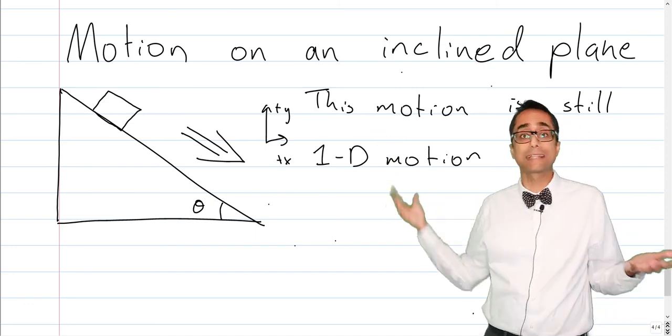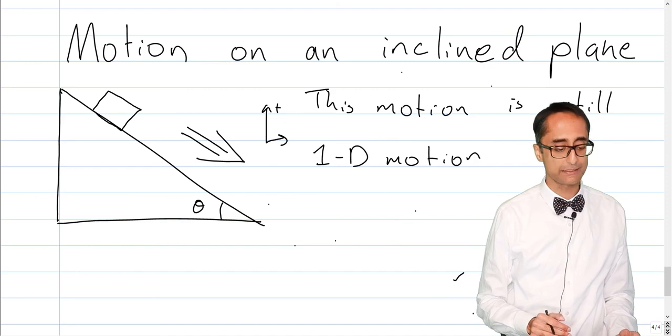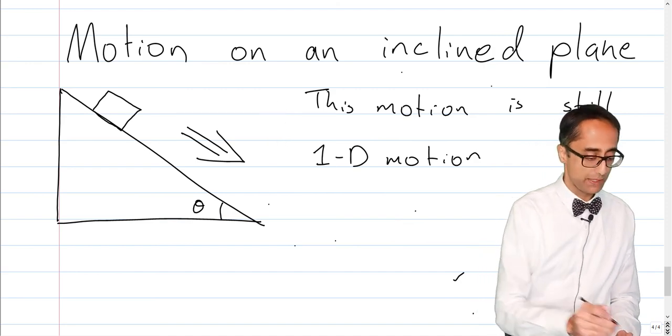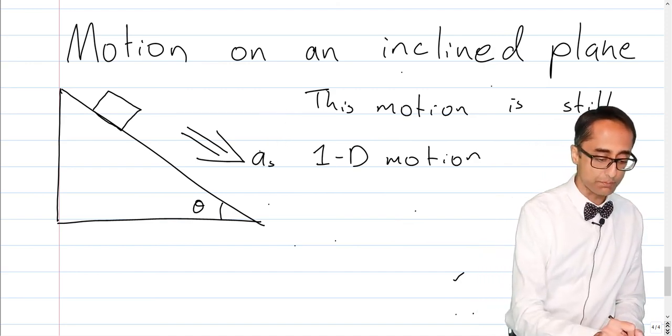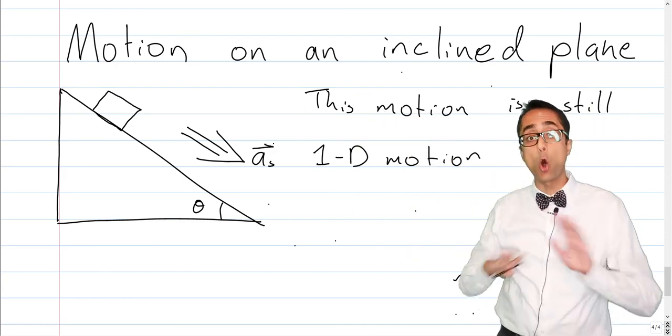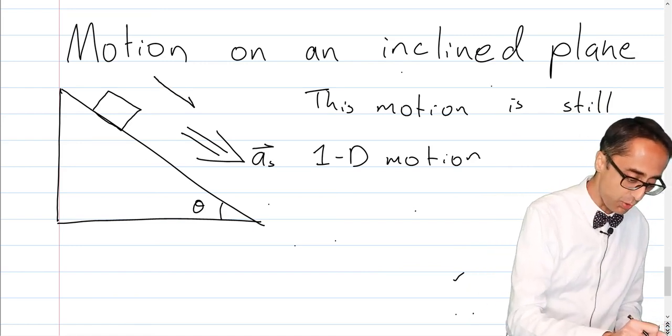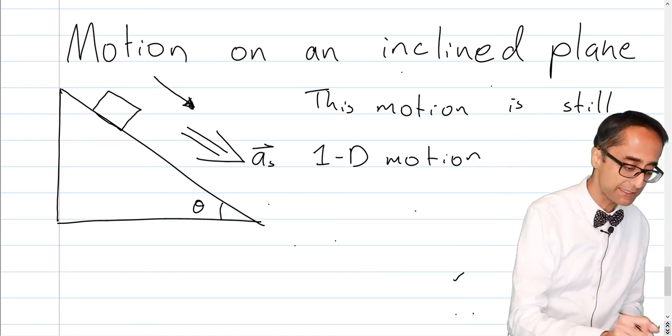It's not going in the y, it's not going in the x. There's some component of motion in both of them, but you don't put your axes like that. It's illogical to. If the acceleration of this block is in the downward direction, that is down along the surface of the ramp, then it is imperative that you also set your axes there.